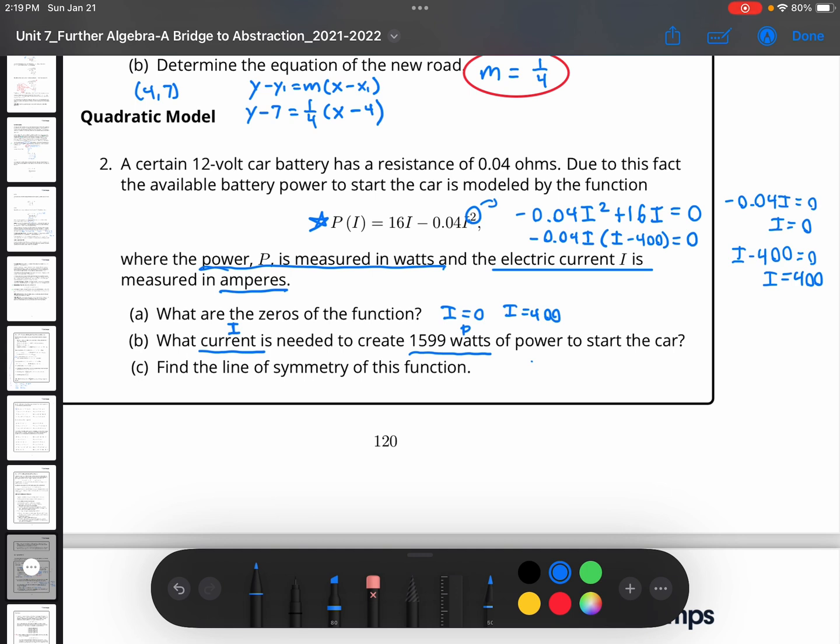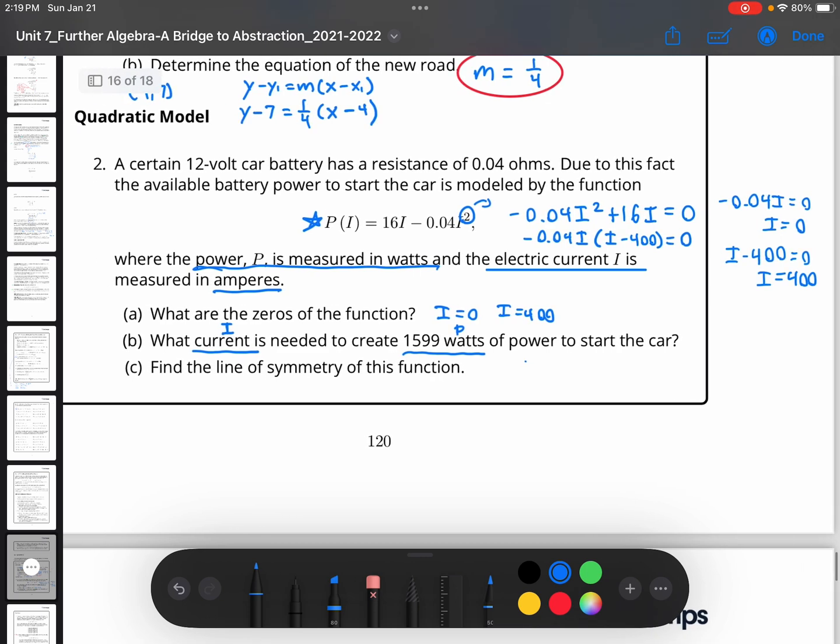Okay, so I'm going to rewrite that formula again, let me write it over here. So I have negative 0.04i squared plus 16i, and that's equal to 1599, because remember, that was power.